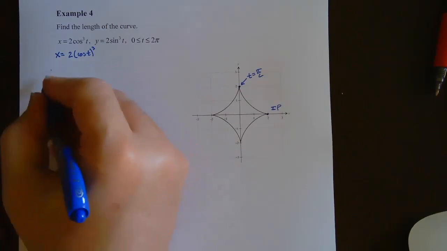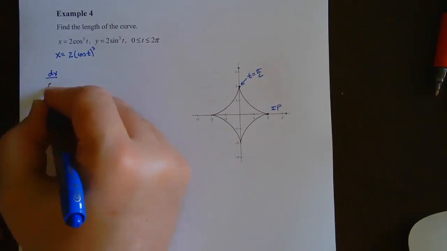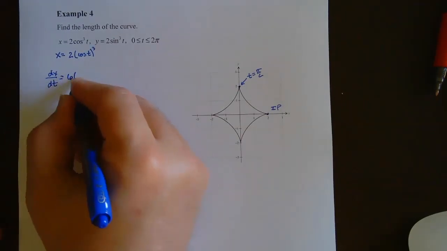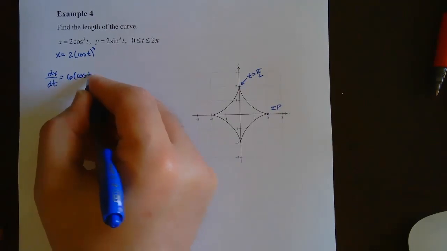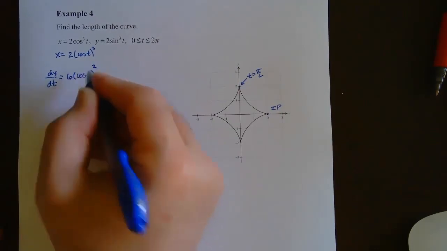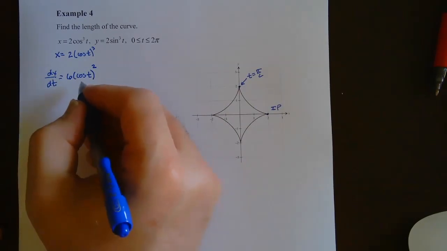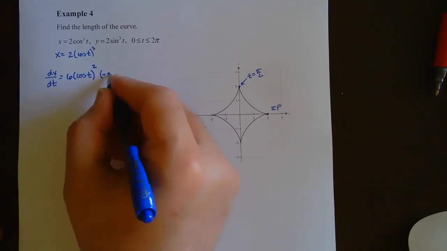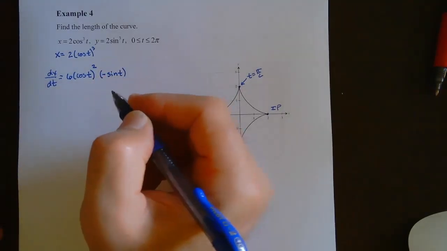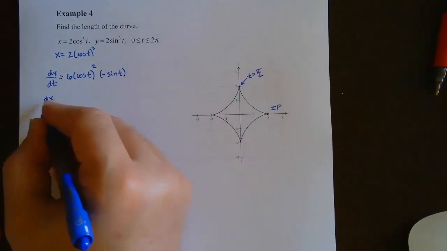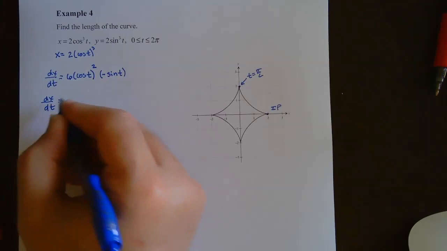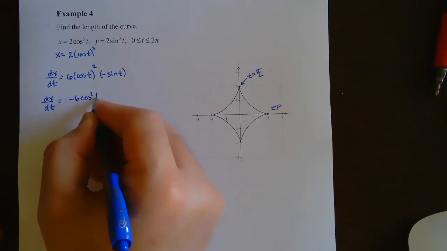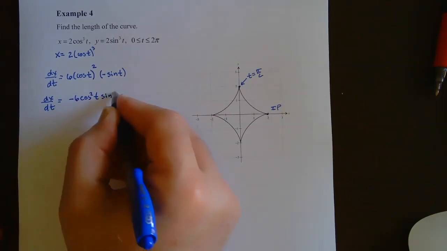So that means dx over dt would have to be 2 times 3, which is 6, times cosine of t squared, right, times the derivative of cosine of t, which would be negative sine of t. Okay, so dx over dt is really equal to negative 6 cosine squared t sine of t.